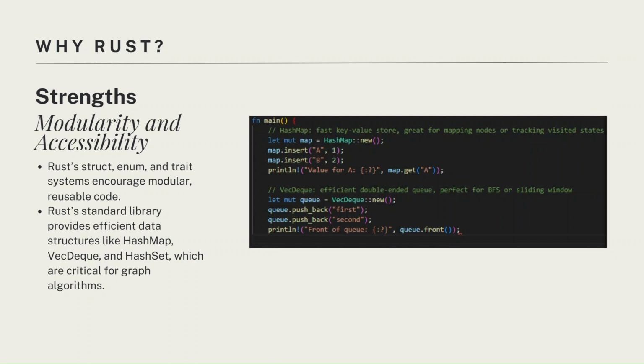A hash map is kind of like a dictionary, so it has a key and then a value. And it hashes them, so it's pretty perfect for O(1) lookups. And then vector dequeue, it's a queue, it's perfect. You have to have a queue for graphs to know what you need to visit, etc.